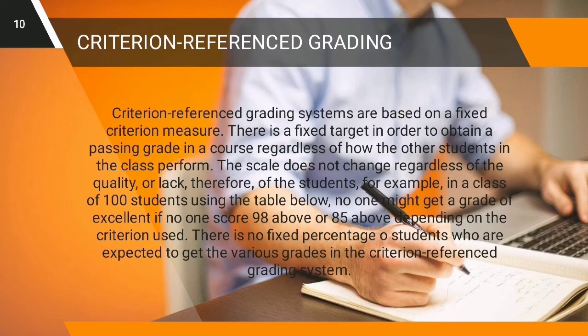For example, in a class of 100 students using the table below, no one might get a grade of excellent if no one scores 98 and above or 85 and above. Depending on the criterion used, there is no fixed percentage of students who are expected to get the various grades in the criterion reference grading system.